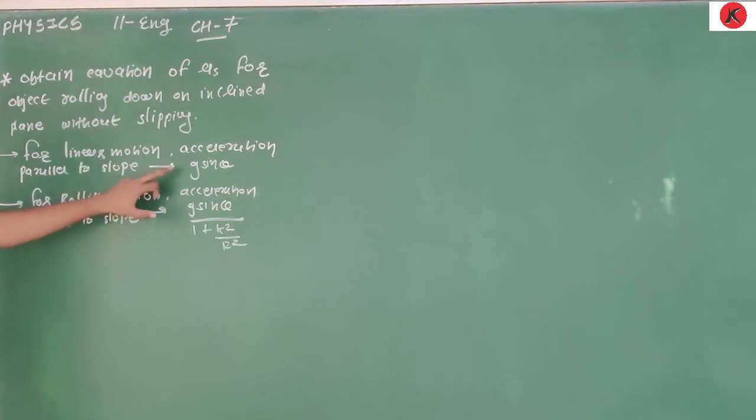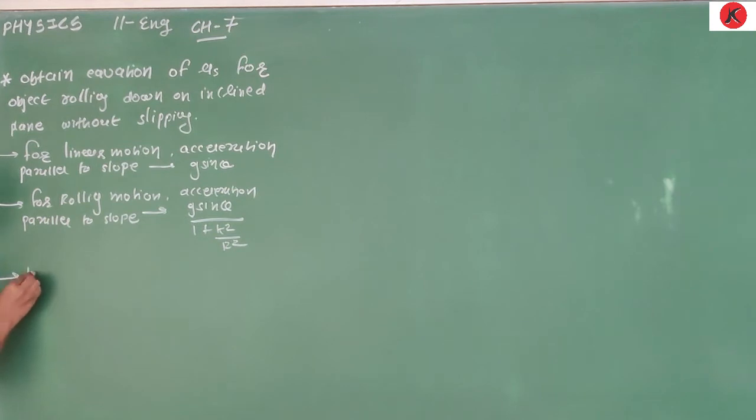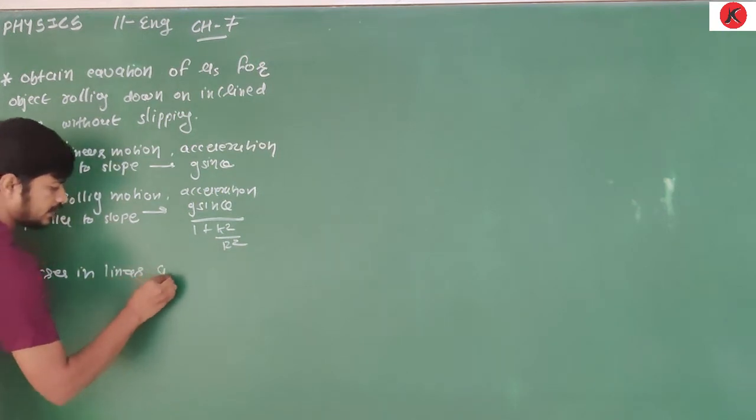Now it is obvious from the equation that g sin theta is greater than this, which means in rolling motion there is a decrease in linear acceleration.